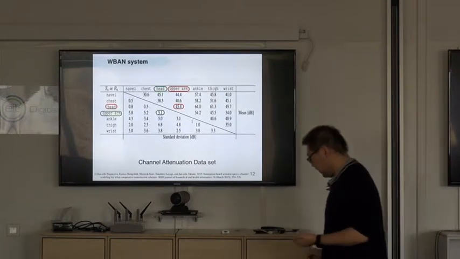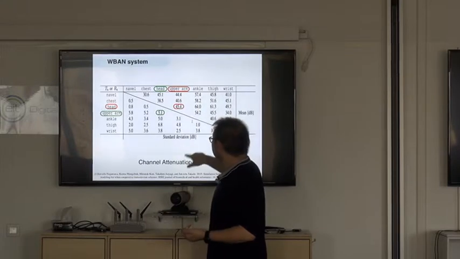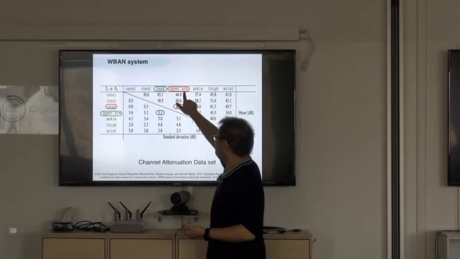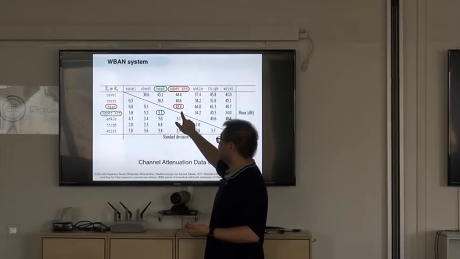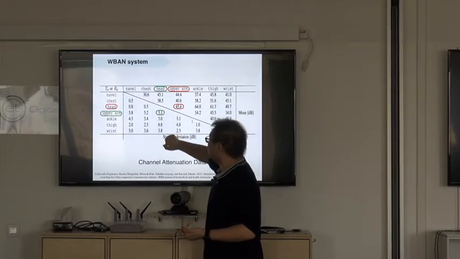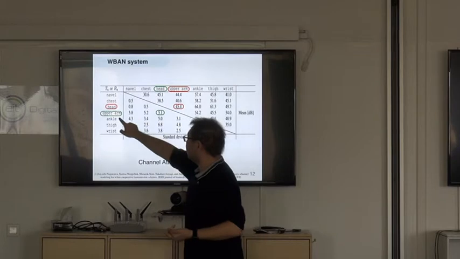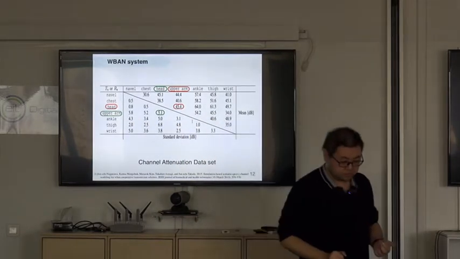For example, the average attenuation between upper arm and the head is 45.4, and the standard deviation between head and upper arm is 5.1.